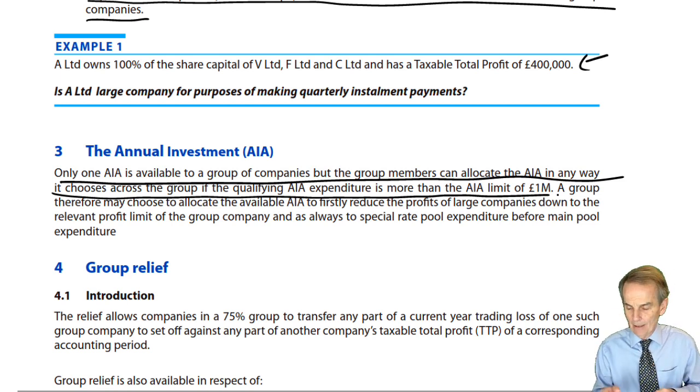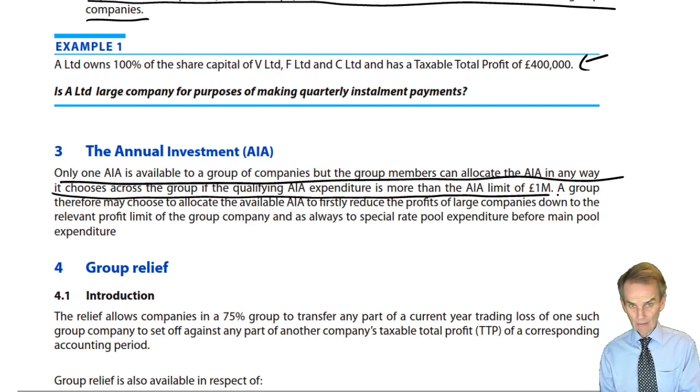The AIA limit of 1 million does not relate to each individual company within the group, it relates to the group as a whole. If therefore there are 5 companies within the group for this purpose, it doesn't mean that each gets £200,000 worth of AIA. No, it doesn't.